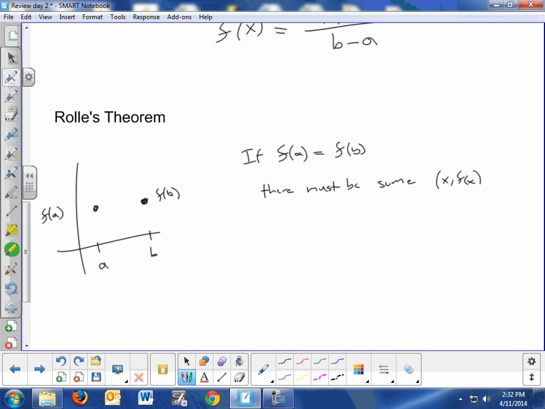There must be some points between f of A and f of B such that f prime at that value is 0. So connect f of A and f of B however you want. There is some point where the derivative is 0. Has to be continuous and differentiable as well, just like the mean value theorem.